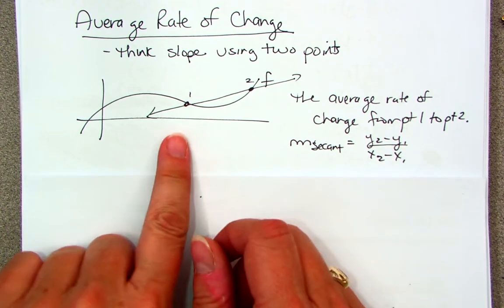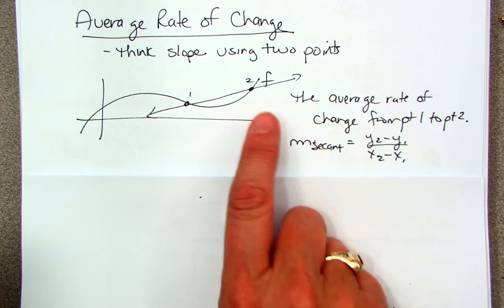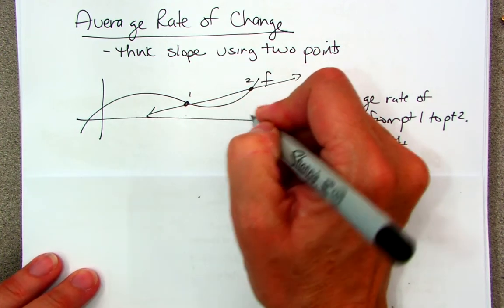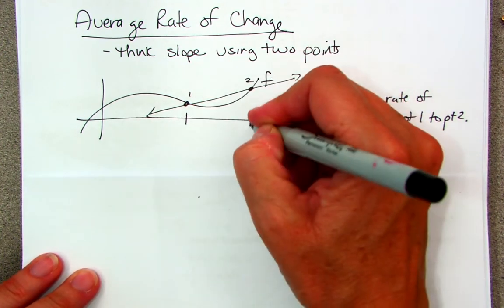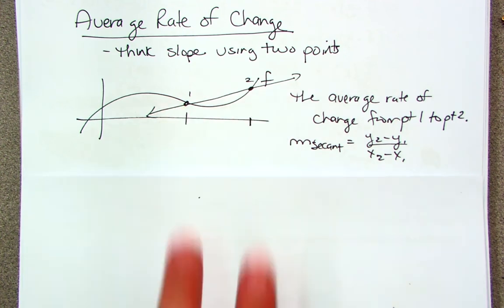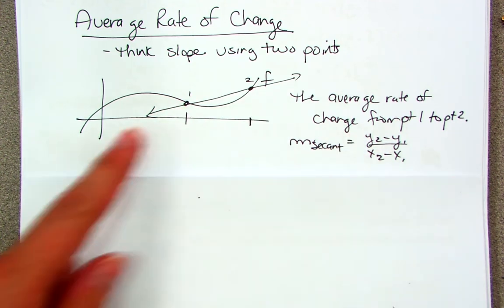And so the average between these two x values, whatever they are here, I go up and I take those 2 points and I find the slope. I'm finding the slope of the secant line. So the average rate of change is an averaging of those two. Find the slope of that.